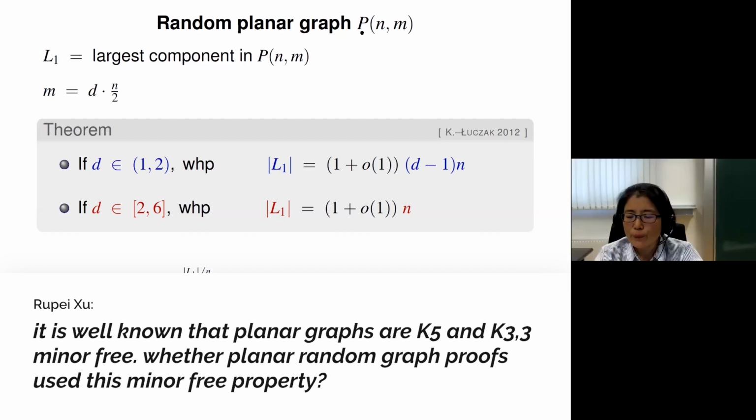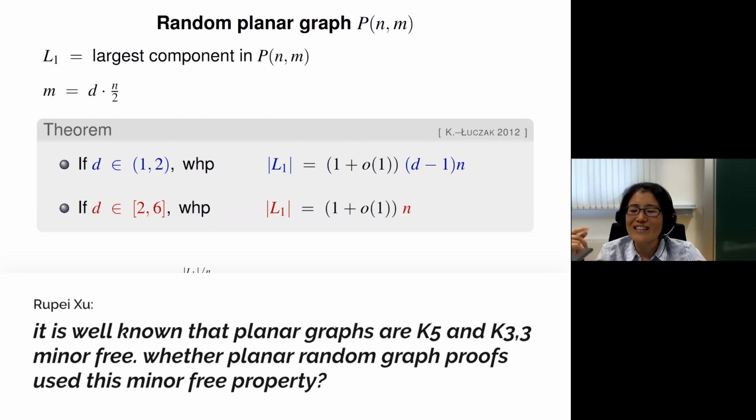Not here, but when we say that the Erdos-Renyi random graph GNM is not planar when the average degree is larger than 1, we prove that there are copies of a topological minor of K3,3. I just say bypassing K3,3. The minor of K5 appears much later because it's dense.